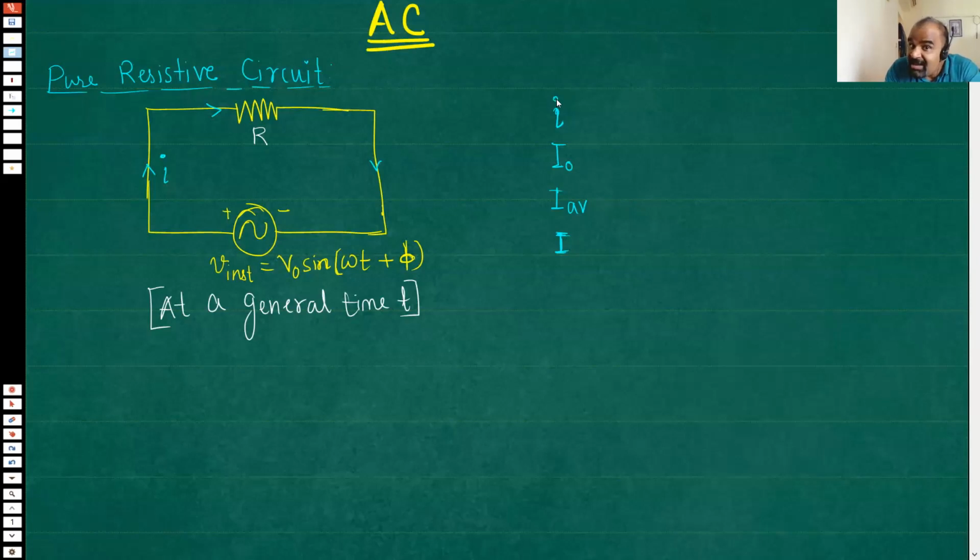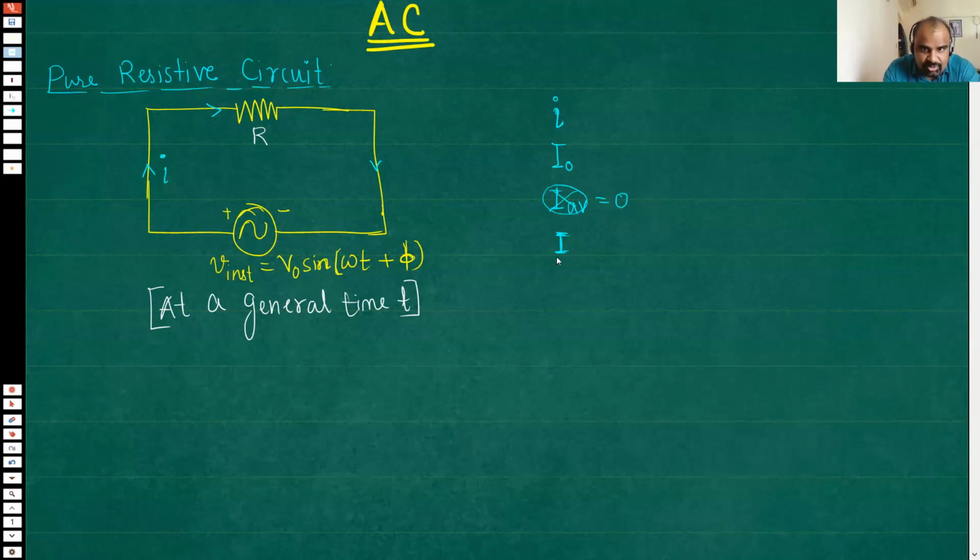When you write a small i, it means instantaneous current. When you write I naught, it means peak current. And I average, well, nobody writes it because it is the most worthless, most useless quantity, because its value is always 0.